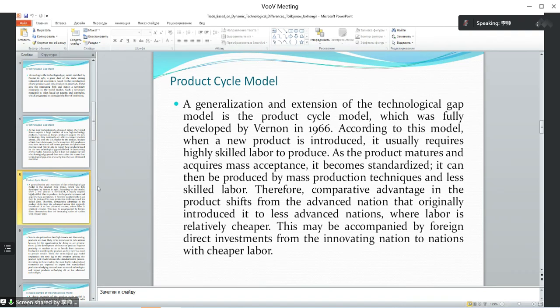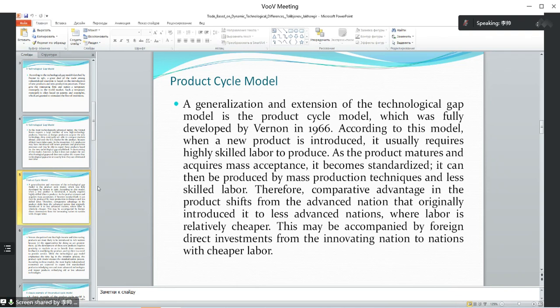A generalization and extension of the technological gap model is the product cycle model, which was fully developed by Vernon 5 years after the technological gap model, in 1966. According to this model, when a new product is introduced, it usually requires highly skilled labor to produce. As the product matures and acquires mass acceptance, it becomes standardized.